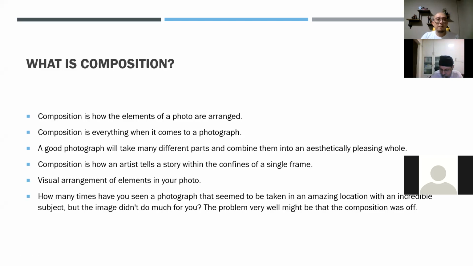And having a good photograph will take many parts, okay, to combine them into one whole picture, just like an English composition, whereby you have your body, you have the introduction, or in a business plan, you have even your executive summary, whatever the case may be. It's how you make it holistic into one picture. And for someone who is an artist, this is where the composition comes into play, where it actually tries to tell a story.